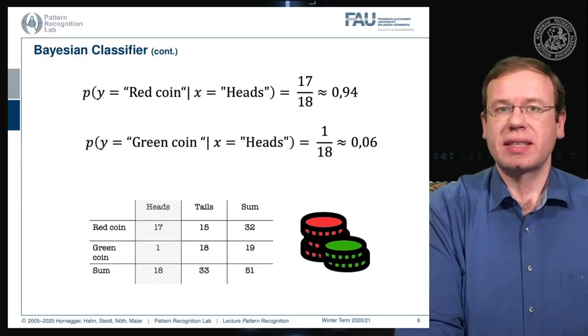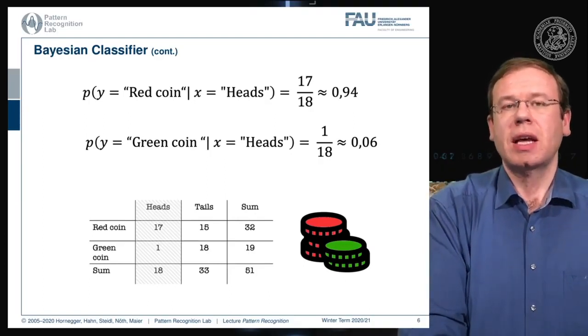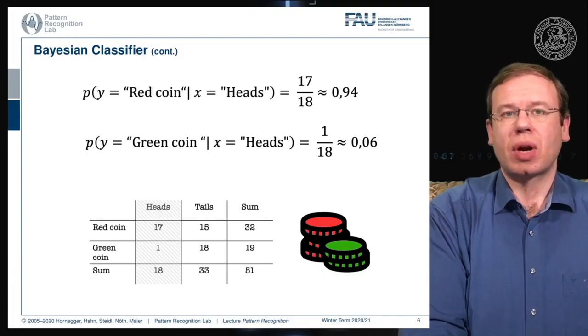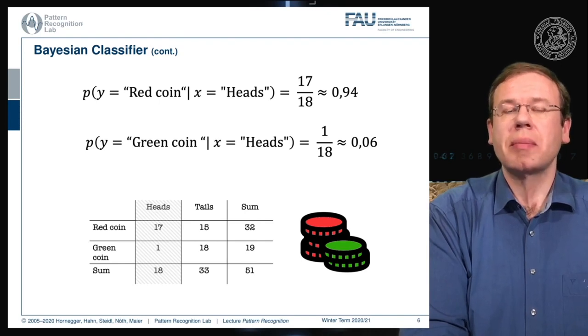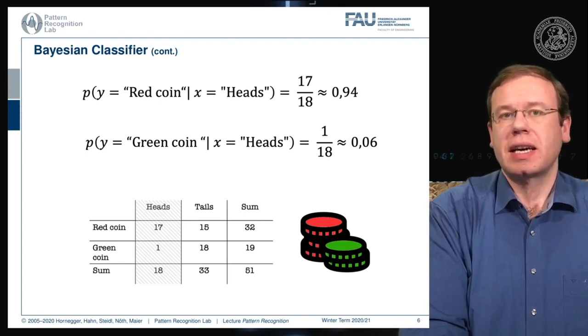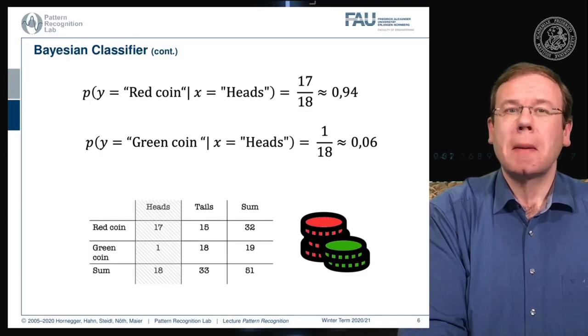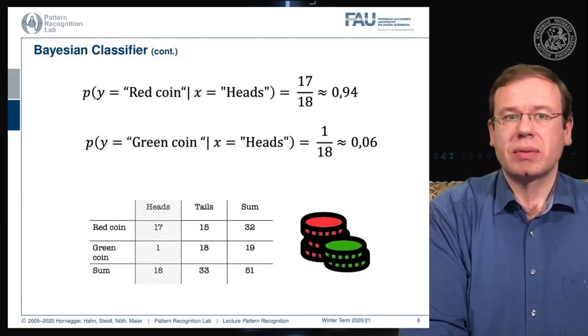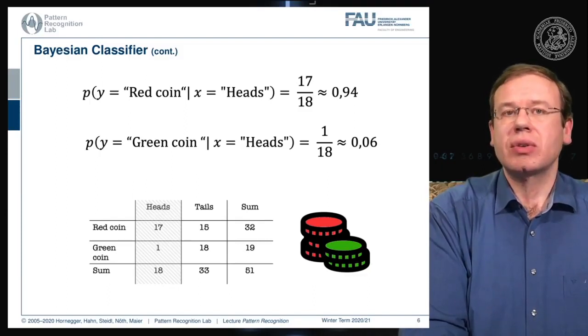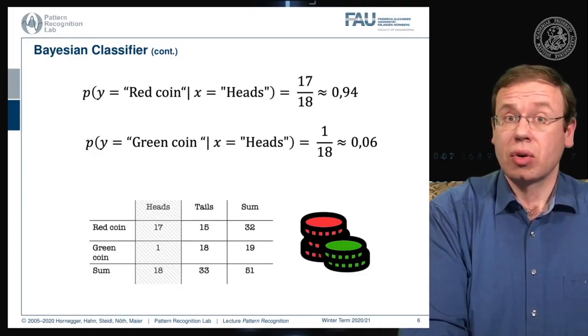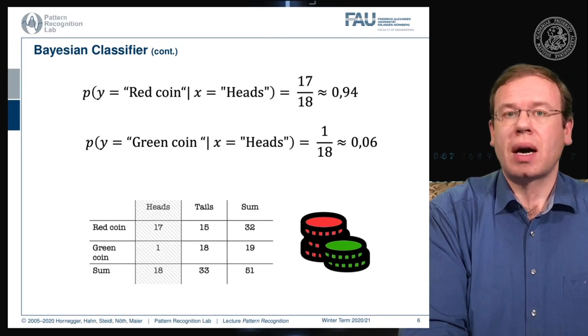And you can already see this is a very typical pattern classification problem. So we want to derive the class information, the information about the coin, from the observed evidence. And you already see that it's hard, but if you have distributions like this one, then you can really get very interesting and very good evidence from our experiments.